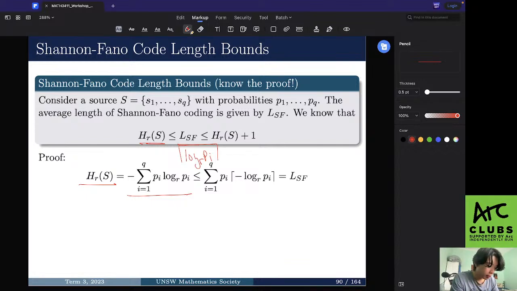So we know that this is less than or equal to this value. And of course, this is just our average length, right? Because this is our Li, and we're having a weighted sum of the lengths in SF.